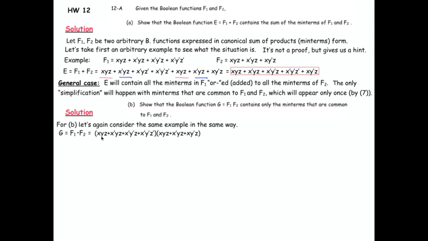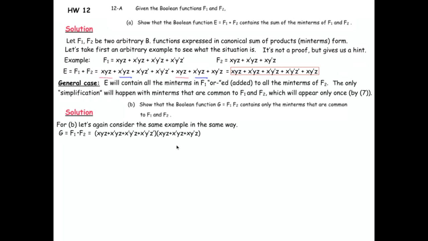So if we keep multiplying, and we'll multiply xyz by the next one here, complement of xyz, what will happen? Right, just those two. Anybody else? Right. What will happen when we multiply xyz by complement of xyz? It will be 0. Yeah, it will be 0. Why?